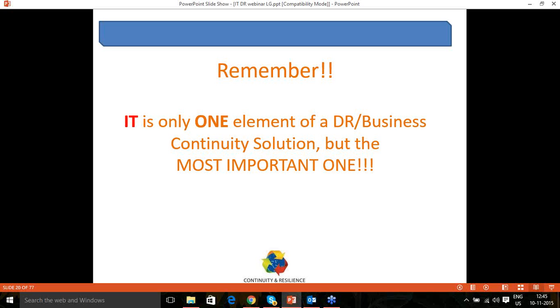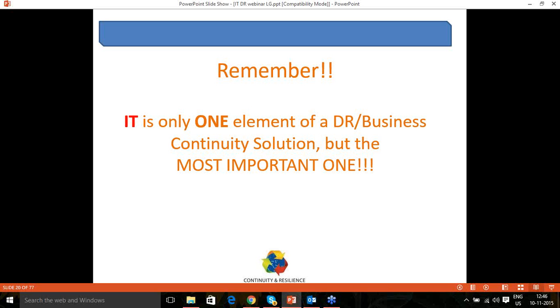Earlier, people used to think disaster recovery and business continuity were only IT. No, they are for the whole of the business, where IT becomes one of the most important parts. So if I take care of IT disaster recovery and business continuity, I would say I have taken care of the maximum part of the solution, of what I need to do.